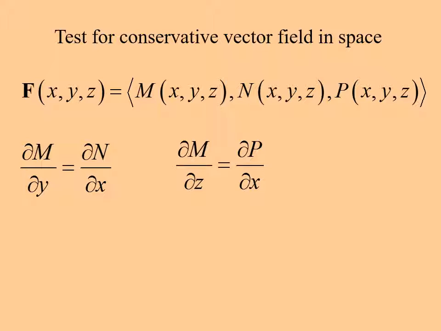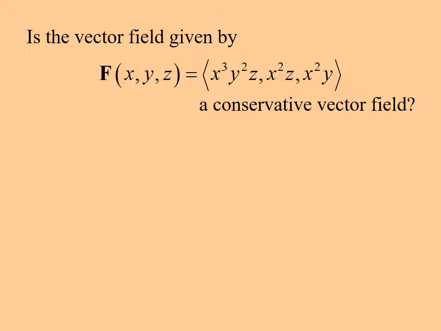Finally, the only other way of pairing up the three functions would be N and P. We need to check N's derivative with respect to z and P's derivative with respect to y. For this to be conservative, all three of those have to be equal.